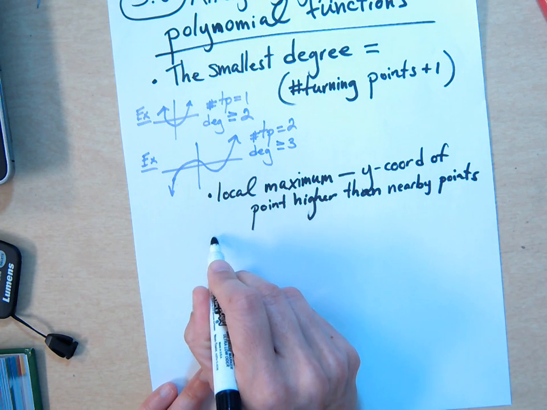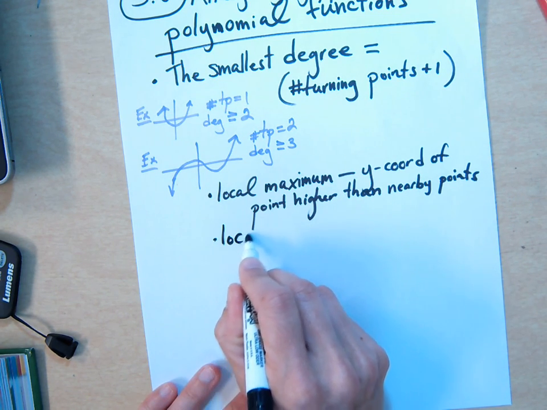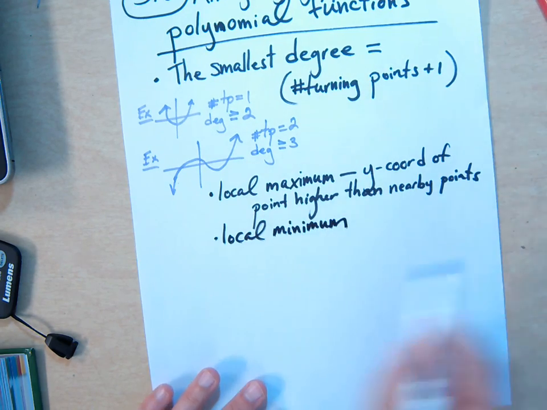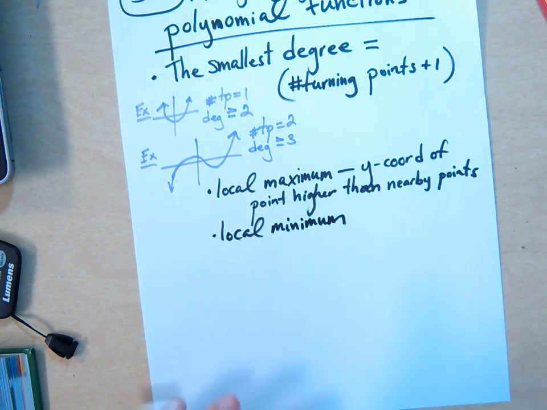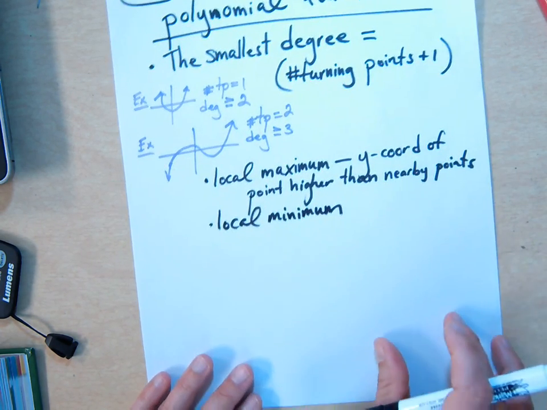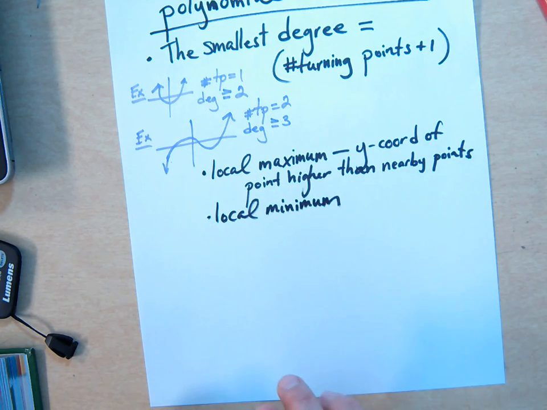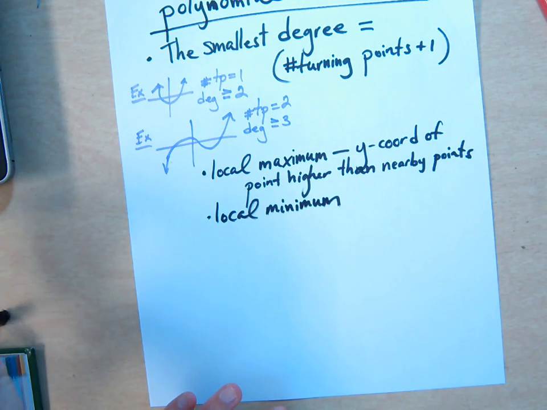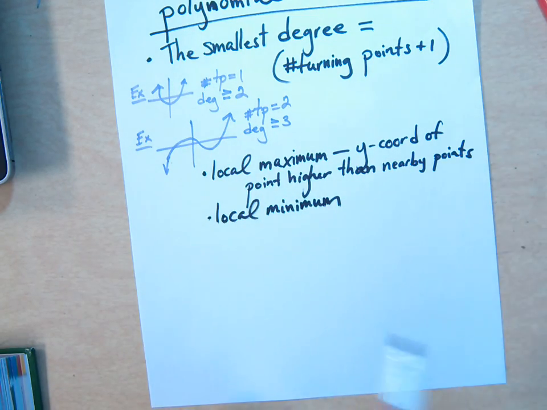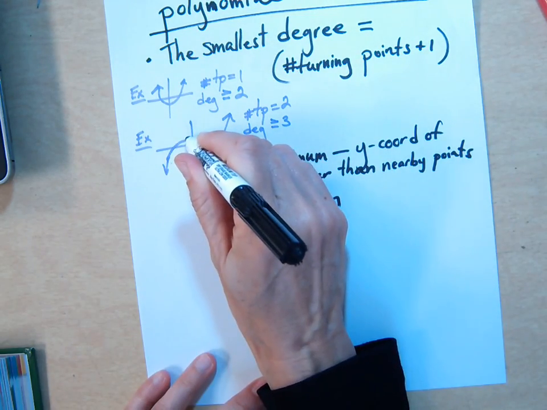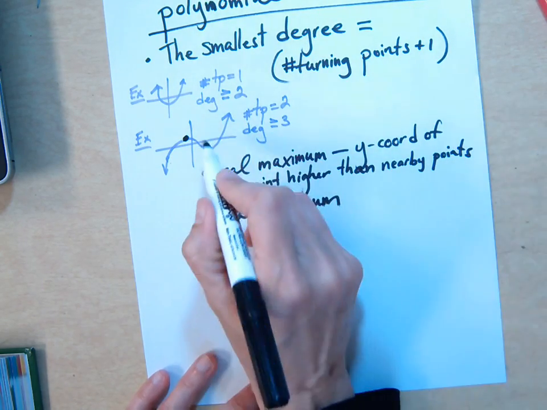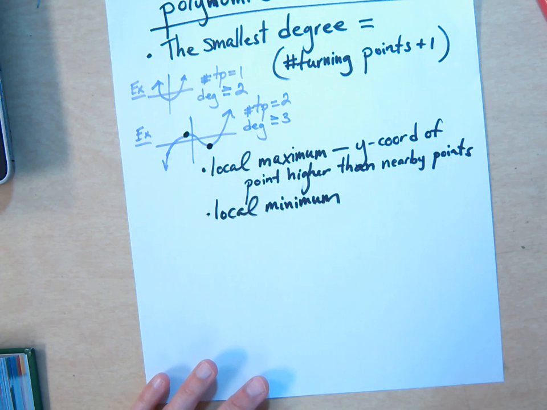So the local maximum and local minimum are important points on the graph. I won't write out local minimum because it's the same thing as local maximum, except it's the minimum. Yeah, Daniel? Oh, in this graph, yeah, the local maximum is this point right here, the y-coordinate of that point, and the local minimum is that point right there.